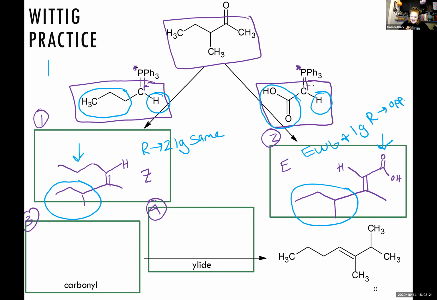What about this last one? So we know that when we combine a carbonyl and an ylid, we're going to make an alkene. So really, we're just breaking that alkene bond in half. One of these halves needs to be the carbonyl, and one of these halves needs to be the ylid.